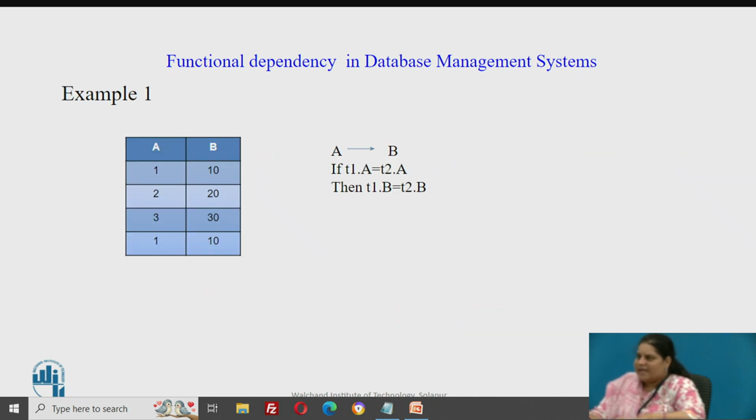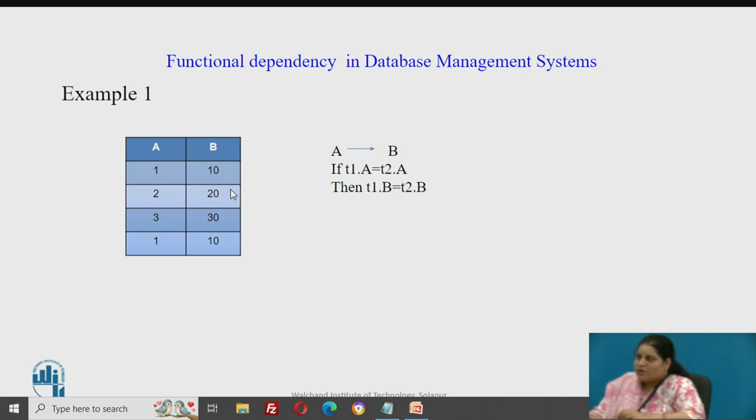Here is one example. Basically this is a table. A is one column, B is another column. A has the values 1, 2, 3 and 1, and B has the values 10, 20, 30 and 10.